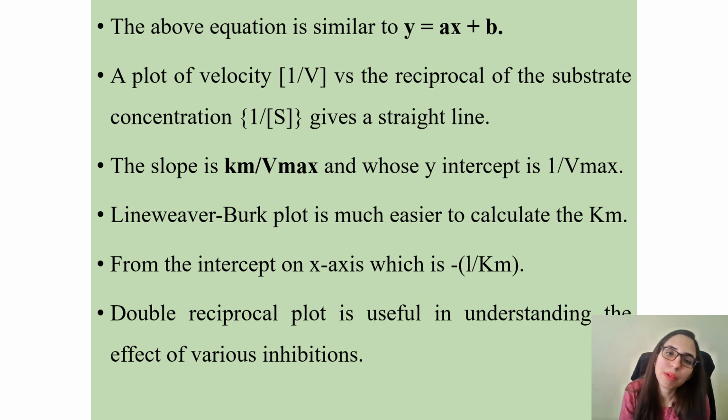As I told you earlier, the above equation is quite similar to y equal to ax plus b. It's our wish, we can write m also, a also, b also, any. A plot of velocity versus the reciprocal of the substrate concentration gives a straight line, where the slope would be Km upon Vmax, and whose y intercept is 1 upon Vmax.